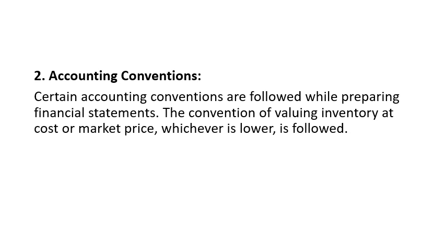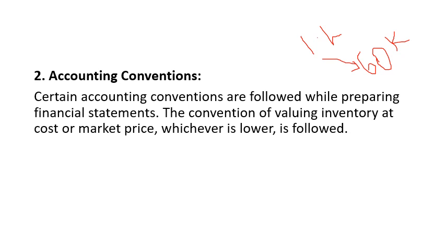Suppose you have an asset whose cost is 1 lakh rupees and its current market price is only 60,000 rupees. My question is, which price will appear in the financial statement?